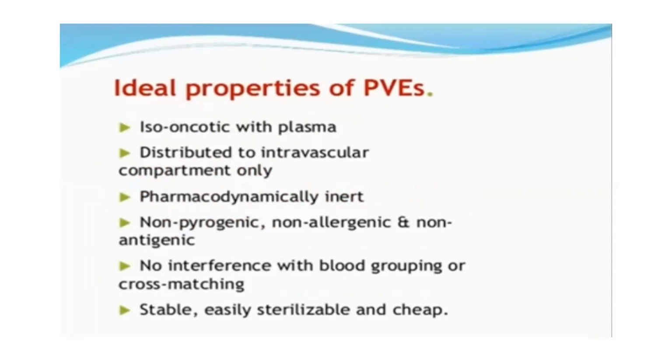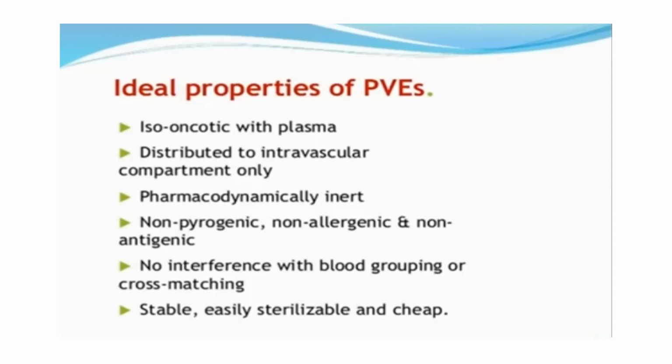Ideal properties of plasma volume expanders. First is isotonic with plasma. Second is distributed to the intravascular compartment only. Third is pharmacodynamically inert. Fourth is non-pyrogenic, non-allergic, and non-antigenic.